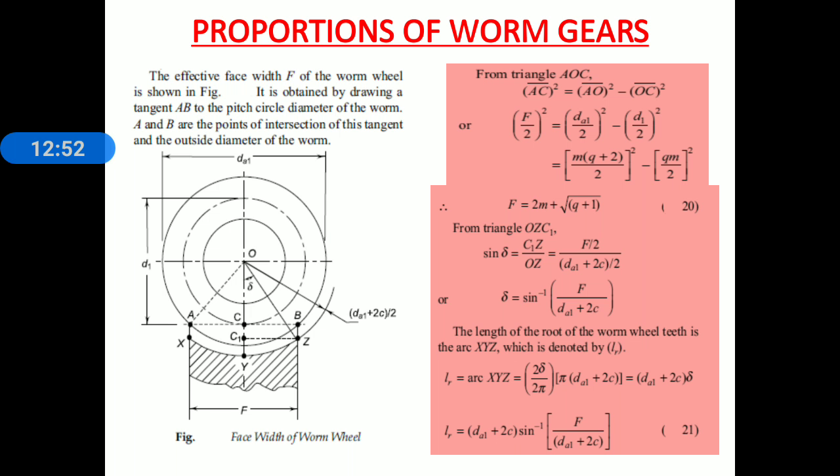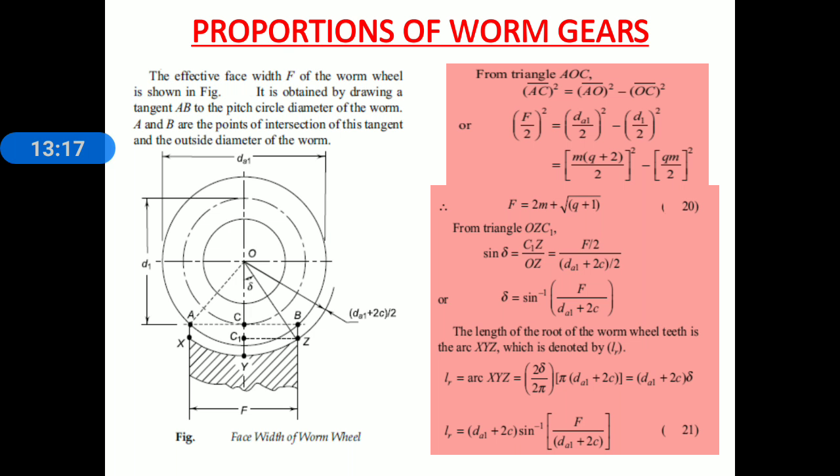Arc XYZ is equal to (2 delta divided by 2 pi) into (pi into (dA1 plus 2C)), and after simplification we get the relation (dA1 plus 2C) into delta.